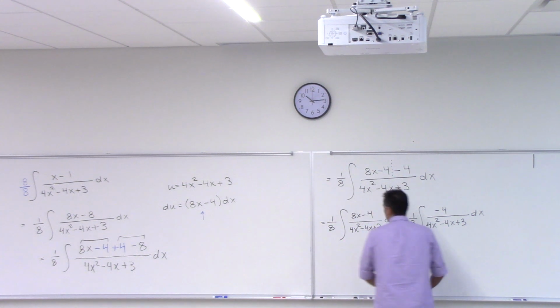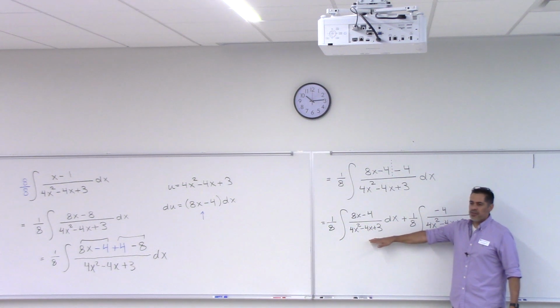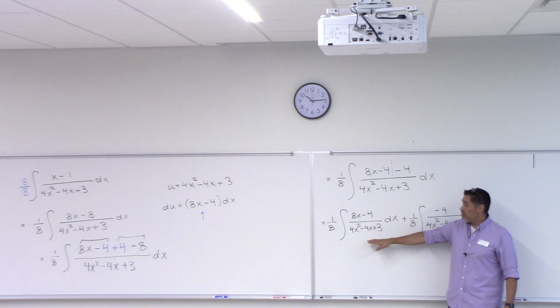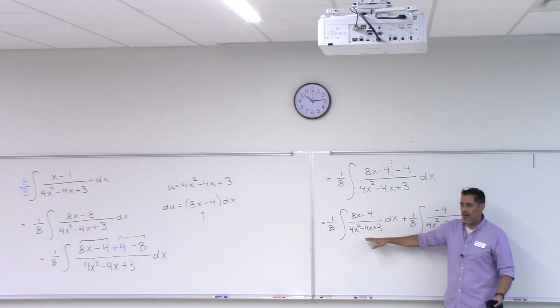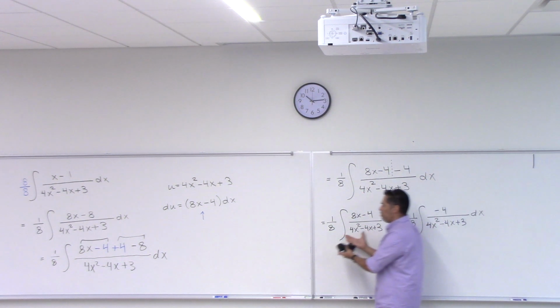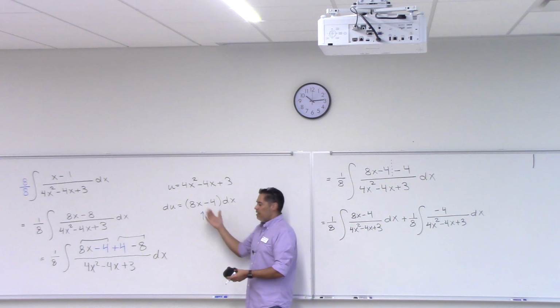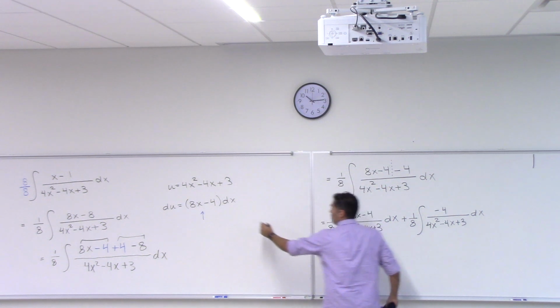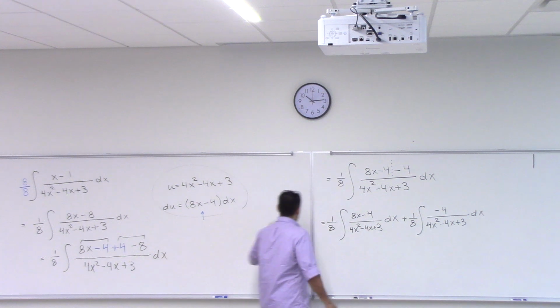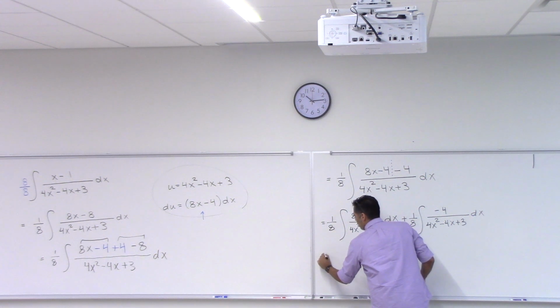All right, let's look at these integrals. What do you think of this integral? This is really nice, right? This is really nice, because I can just do a basic u sub. The whole motivation of doing that was this, right? If I do this u sub right here into this first integral, this integral becomes 1/8 integral.